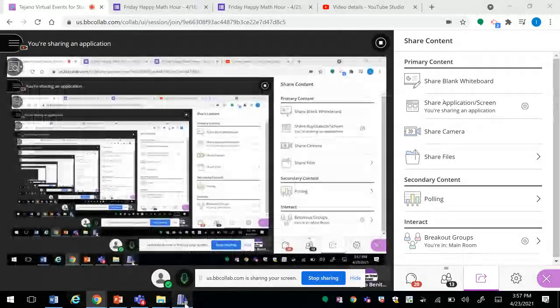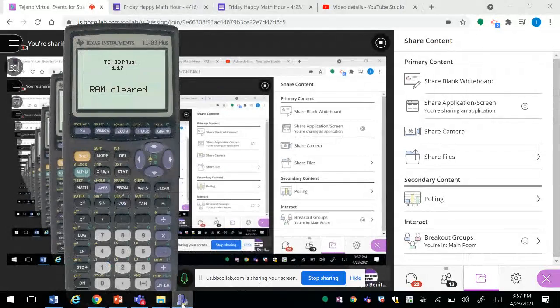Do you see my calculator or no? Not yet. Okay, let me share the entire screen. Can you see a graphing calculator?